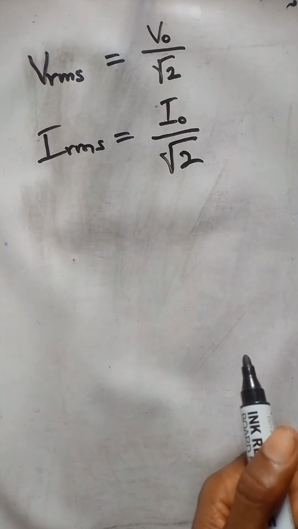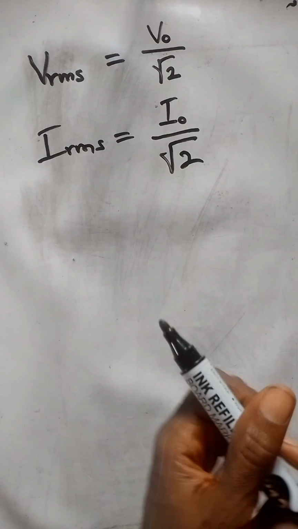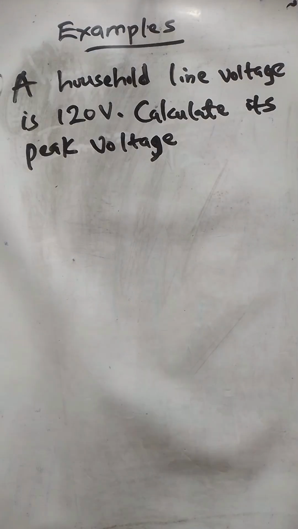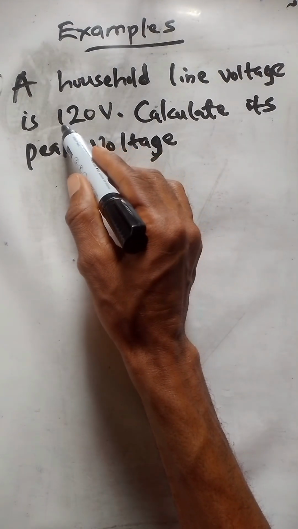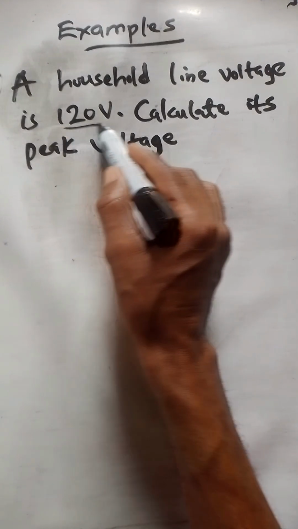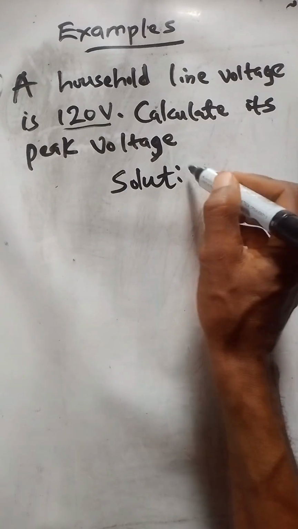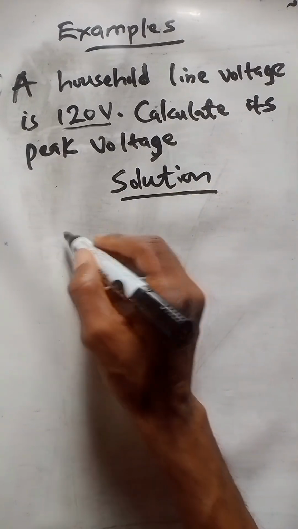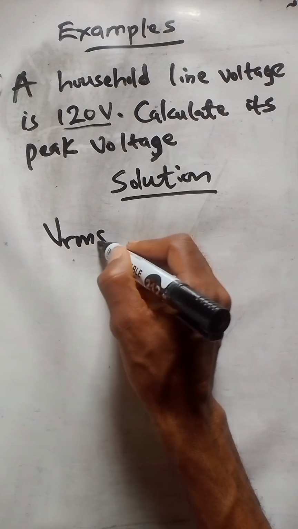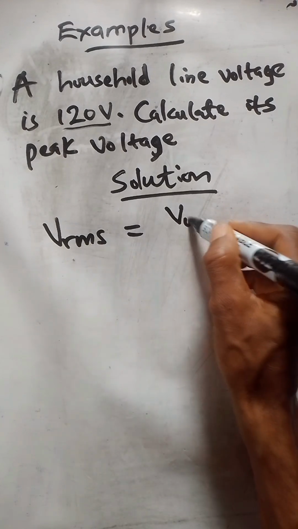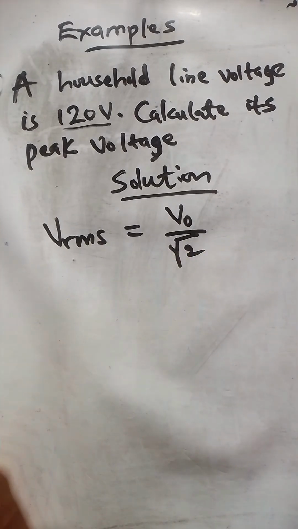So now let's look at some examples. Line voltage is 120 volt. Calculate its peak voltage. So here we are looking for peak voltage. We are given the RMS voltage to be 120. Solution: our RMS voltage, as we know, is equal to the peak voltage divided by the square root of 2.